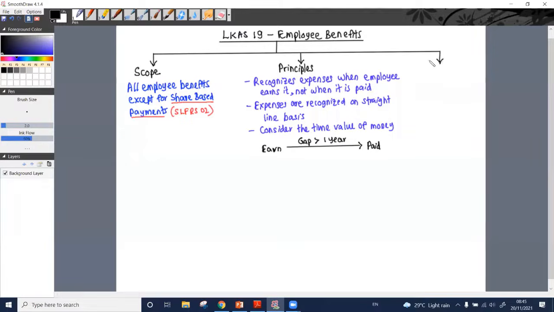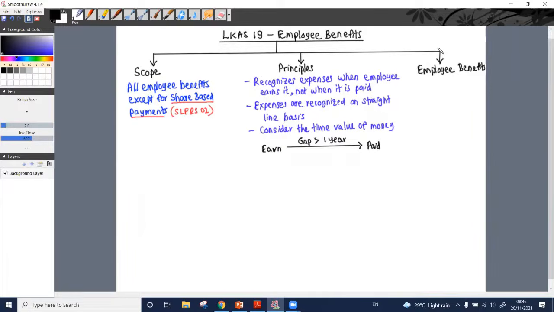And this particular standard discusses a few types of employee benefits. These several kinds of employee benefits we can put into 3 baskets, actually four.